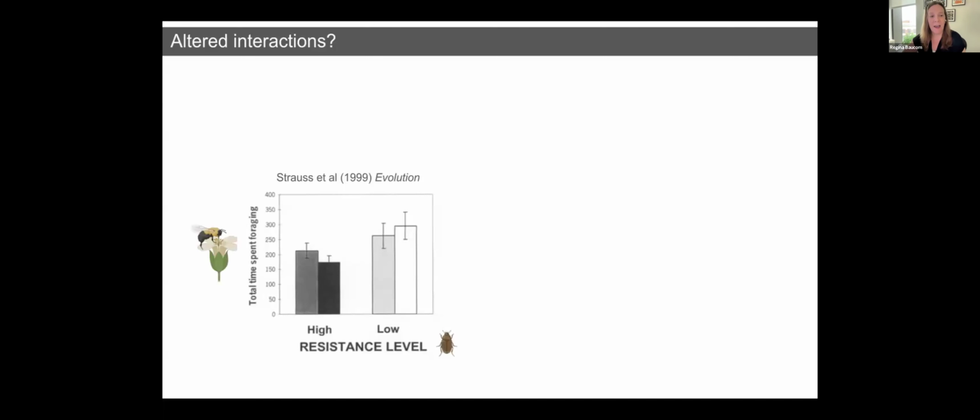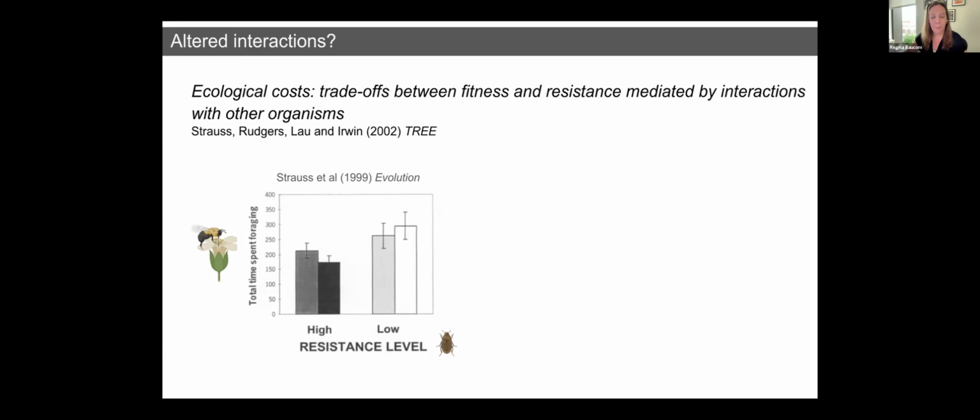The main point is that individuals from the low resistance lines had pollinators that spent more time foraging on them compared to the high resistance lines. And so this effectively shows that plants that have a higher level of resistance have different or altered interactions with a community member, in this example in terms of pollination. And so from this came the idea of ecological cost.